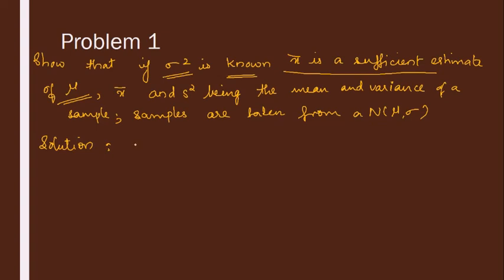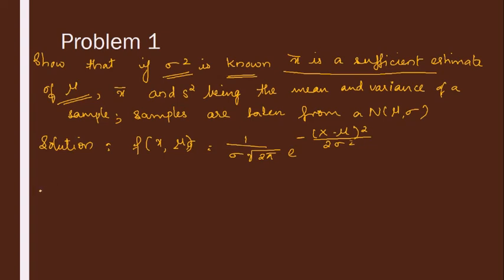So what is the PDF of a normal distribution? 1 by sigma root 2 pi e raised to minus x minus mu the whole square divided by 2 sigma square. This is the PDF of a normal distribution.